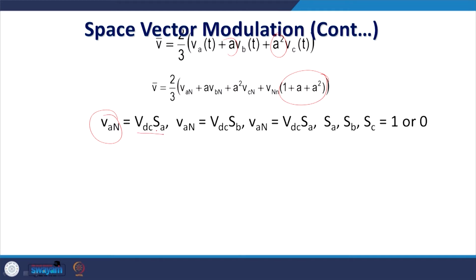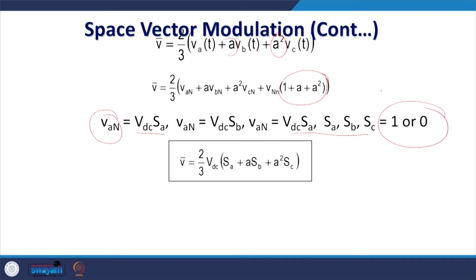Similarly, VBN will be equal to VDC into SB, and thus we have VDC into SA, SB, SC, depending on whether it is 1 or 0.